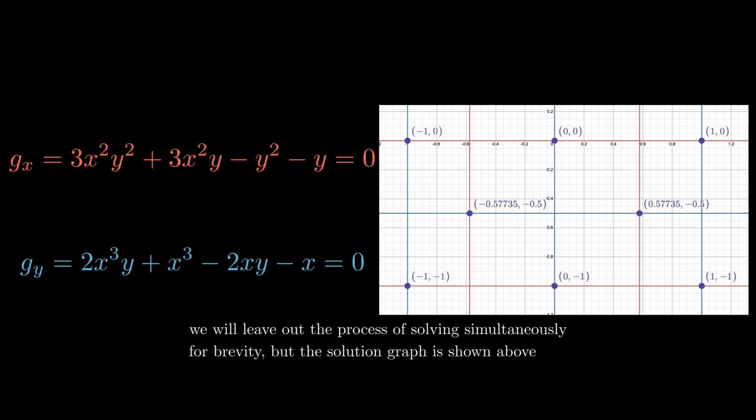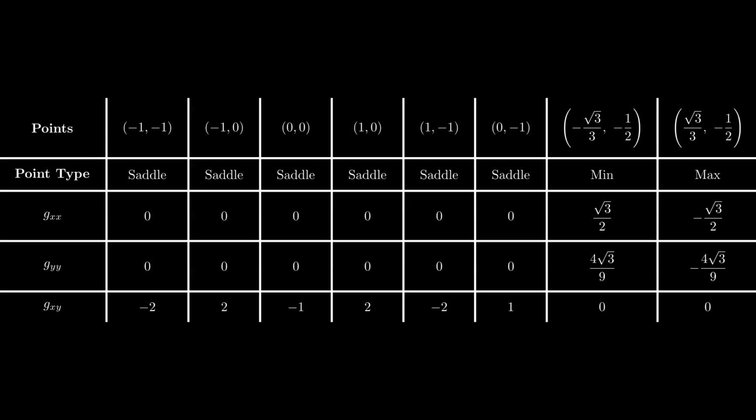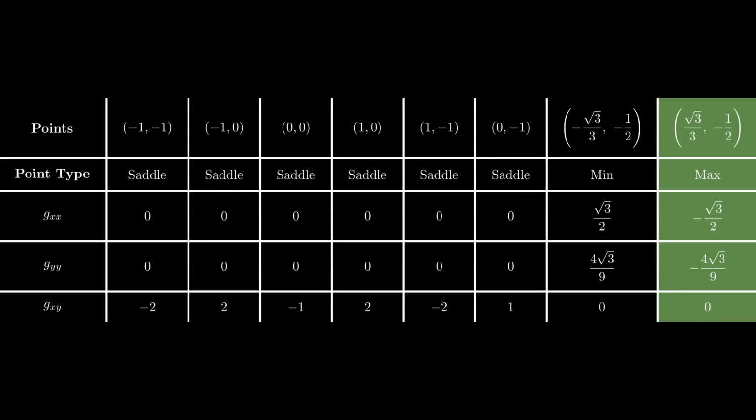By setting the first partial derivative of g with respect to x and the first partial derivative of g with respect to y to 0 and solving simultaneously, we find stationary points at a number of points. From our graph, we know that 2 of these are maxima or minima, and if we look at the table of points and their different second derivatives, we notice that for the maximum, both the second derivative with respect to x and the second derivative with respect to y are negative.